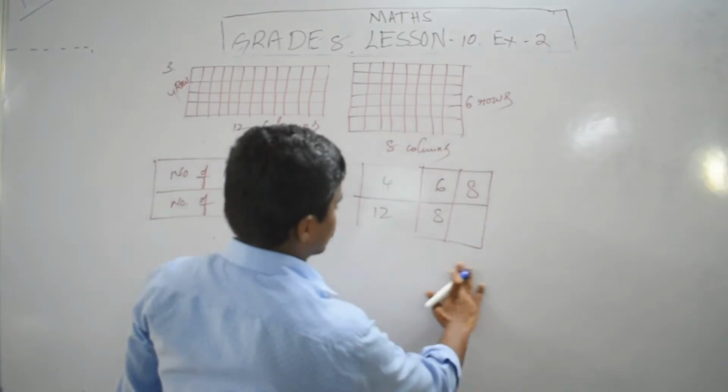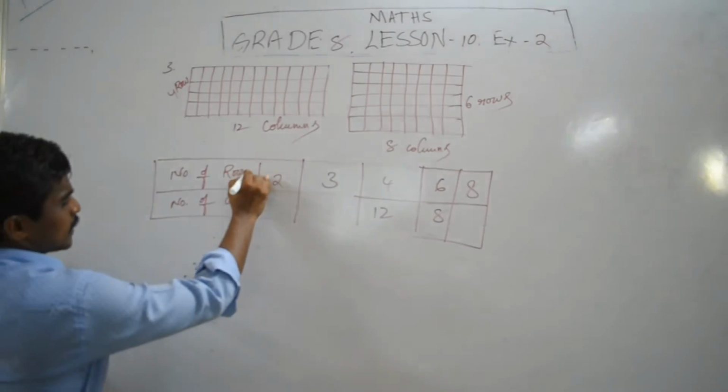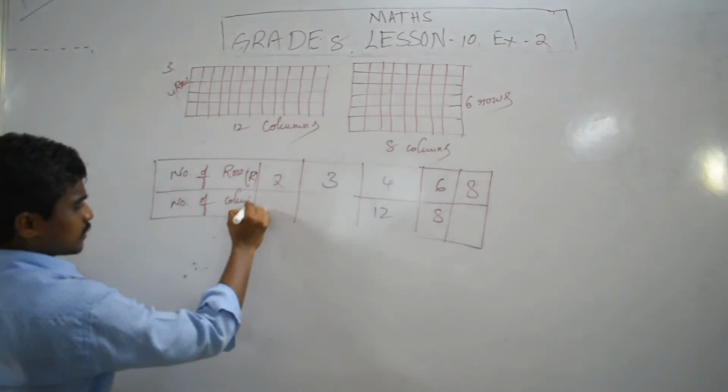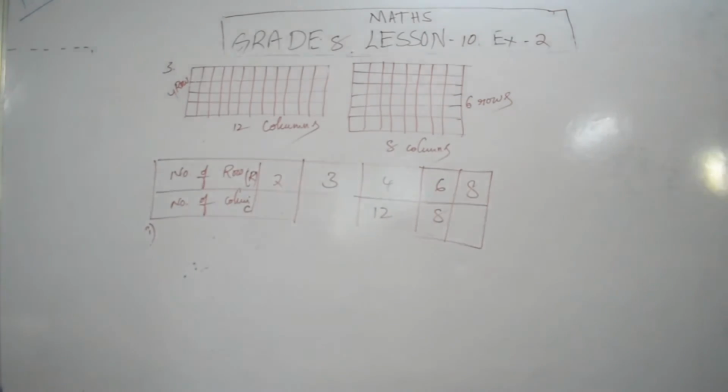If they are asking, here this is R, this is C. In the first question they are asking, what do you observe as R increases, C decreases?